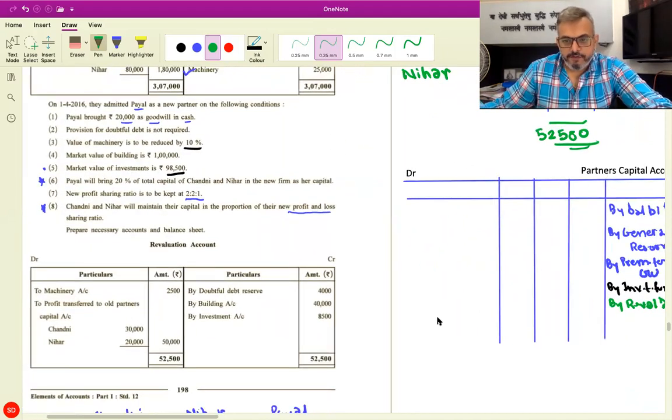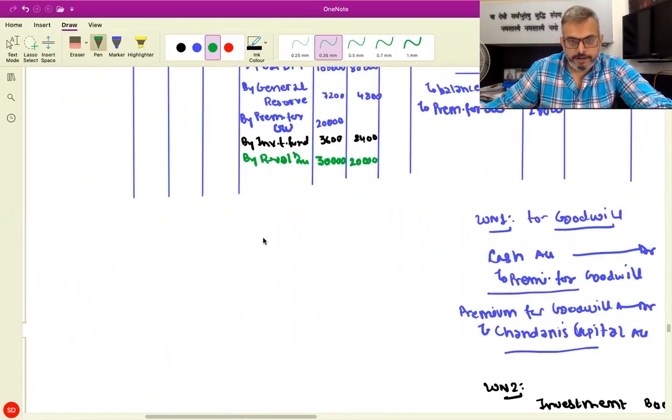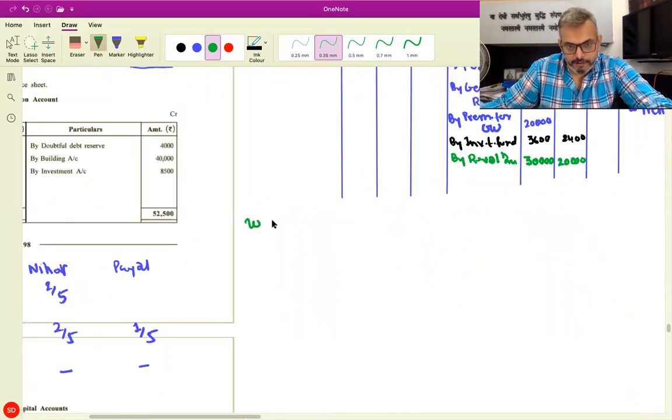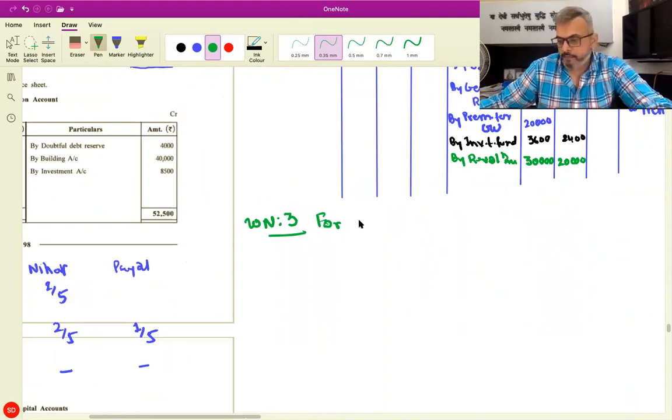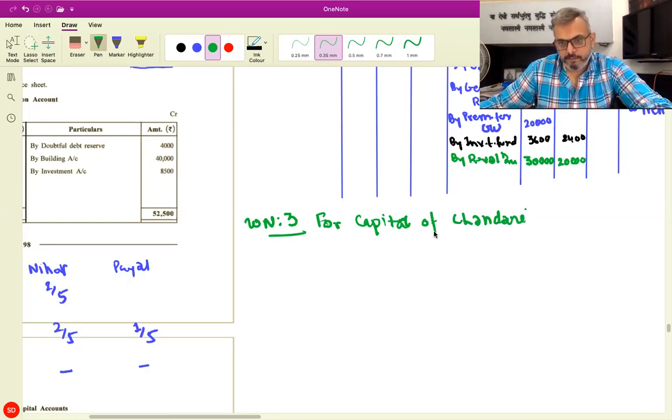Now, let's go to working note number 3, for capital of Chandni, and capital of Payal.